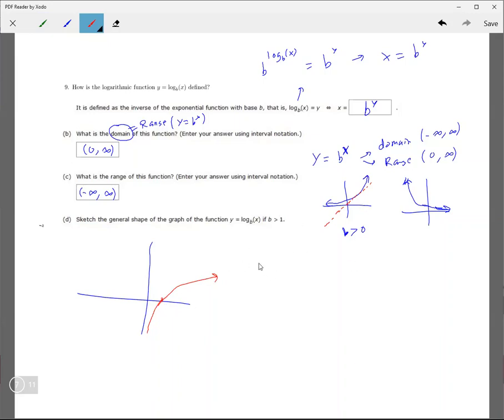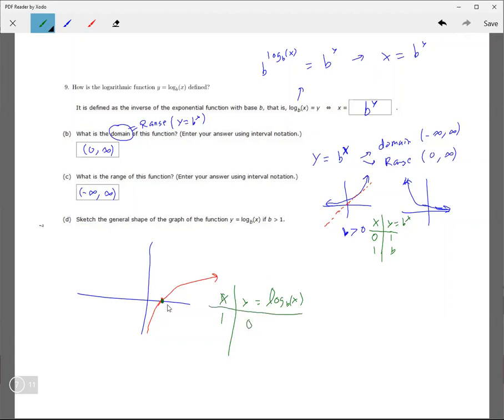Okay, and so over here, remember I talked a little bit about, for this one, you want to plot the points: 0 always gives you 1, and then 1 always gives you b. Well, over here, in this one, 1 is going to give you 0.